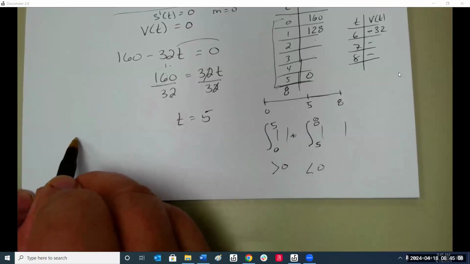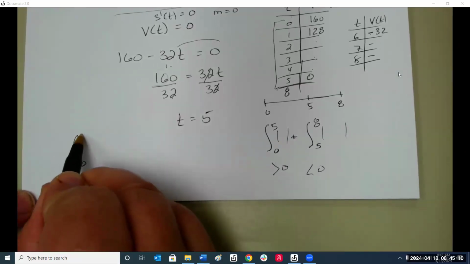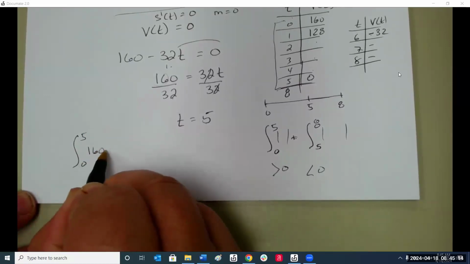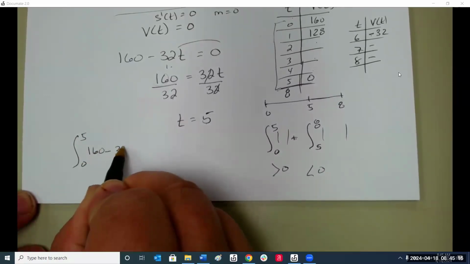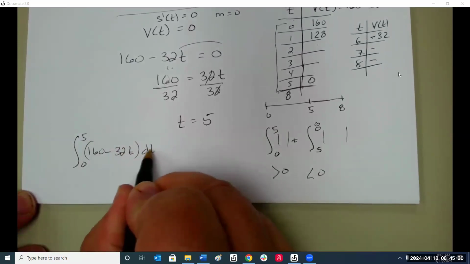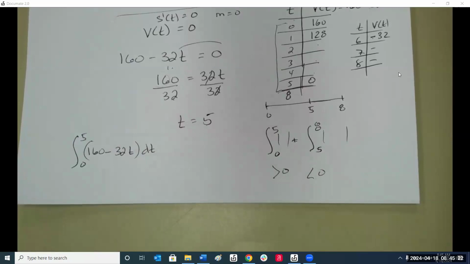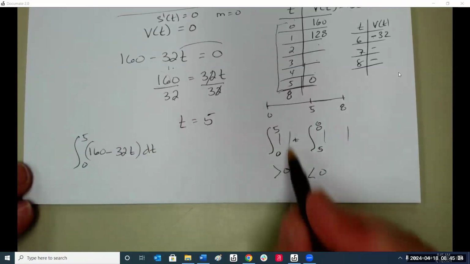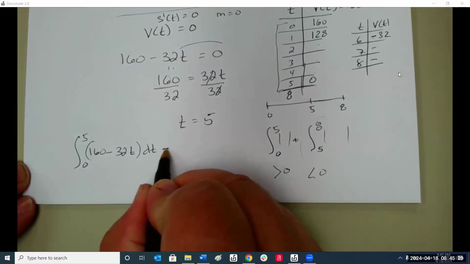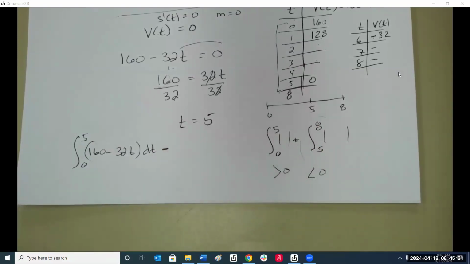So we're going to look at from 0 to 5, the equation is 160 minus 32t dt, because these are going to be positive. Now, since these are going negative, I'm not going to change these.